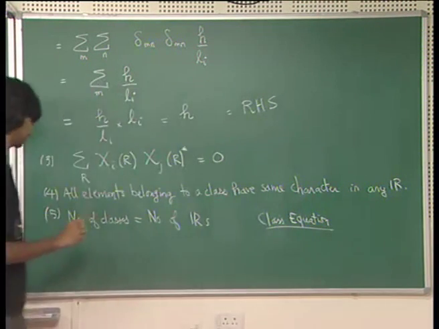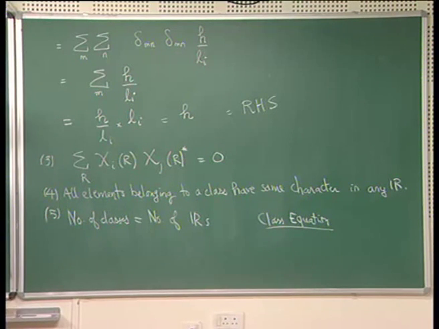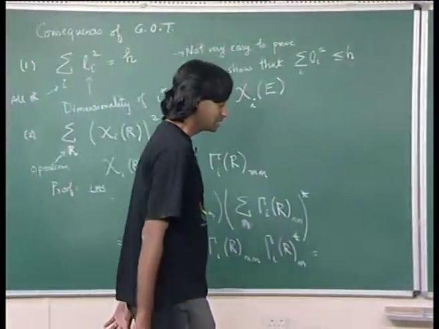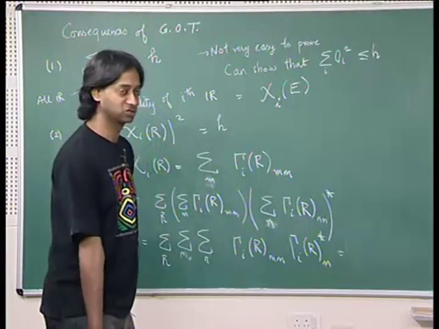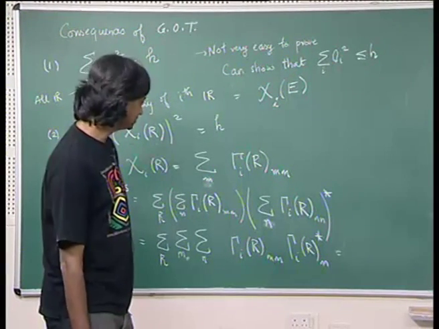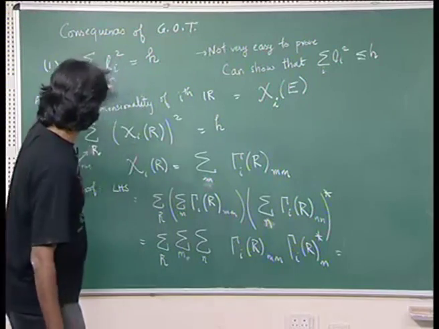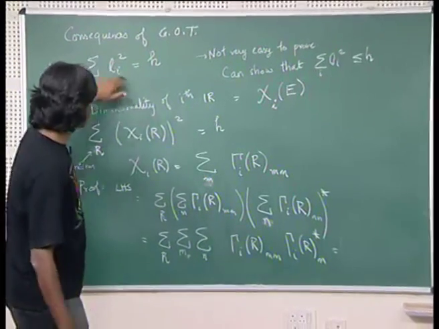You can immediately see that this is an extremely useful and practical relation. Notice it does not say that the dimensionality of the classes and of the irreducible representations are the same. All it says is that the number of classes in any group should be equal to the number of irreducible representations.